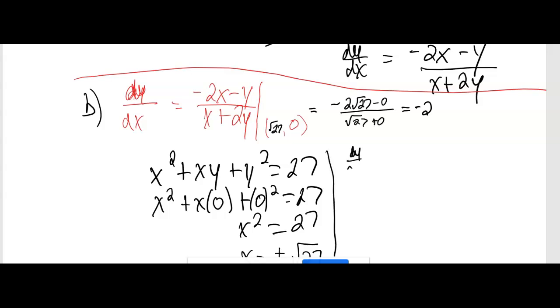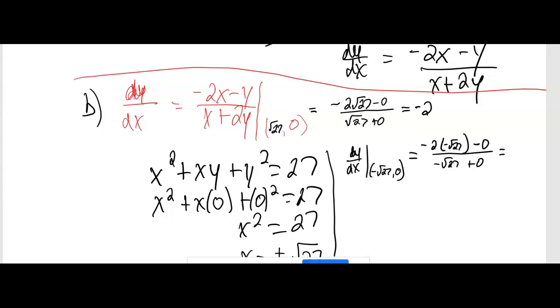If we now find the slope at the second one, I'm going to evaluate this at negative root 27 comma 0. So we do negative 2 times negative root 27 minus the y-coordinate of 0, over x, which is negative root 27 plus 0.